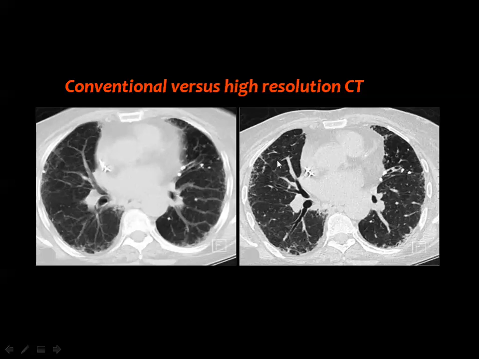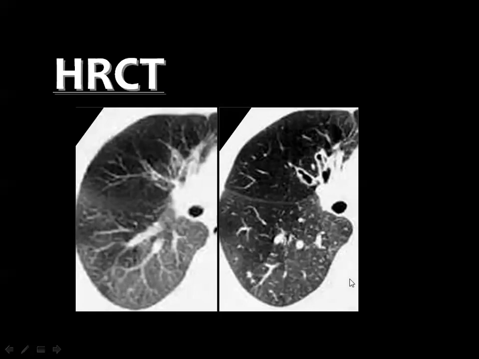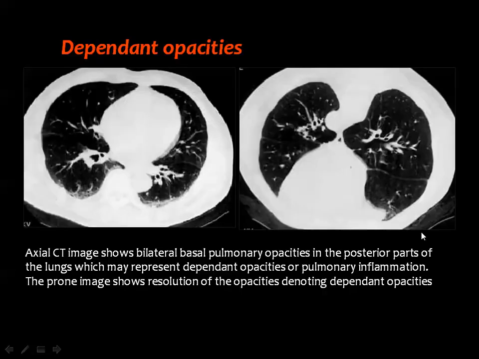Also, if you look carefully underneath the pleura, you can see many reticular opacities which are not clearly demonstrated by the conventional method. This is also another example comparing the conventional CT and high resolution CT. Here you are able to see bronchiectasis. Here you cannot see it. Also here you can see the fissure. This is not clear in the conventional CT.